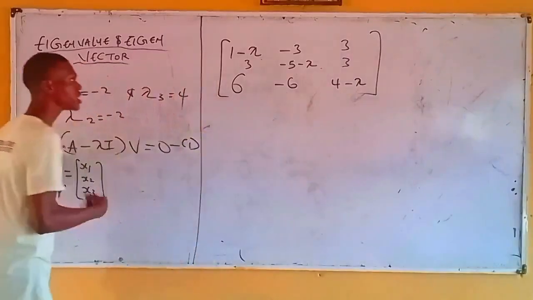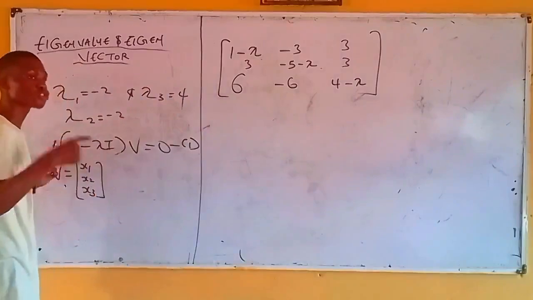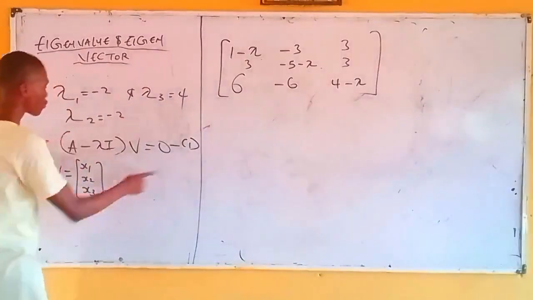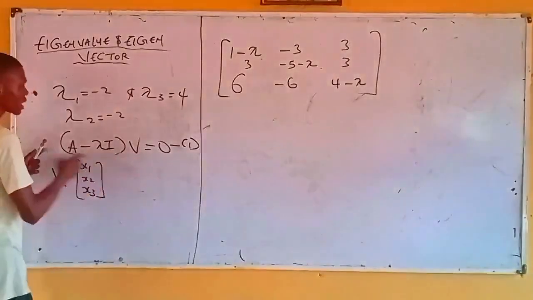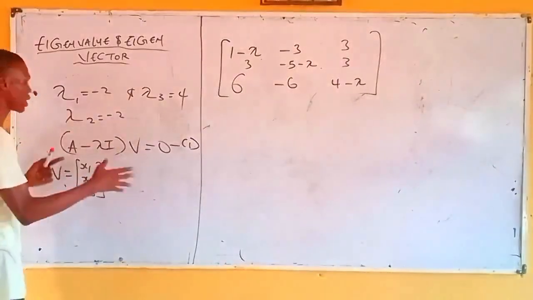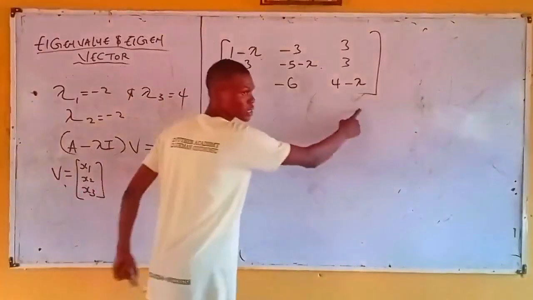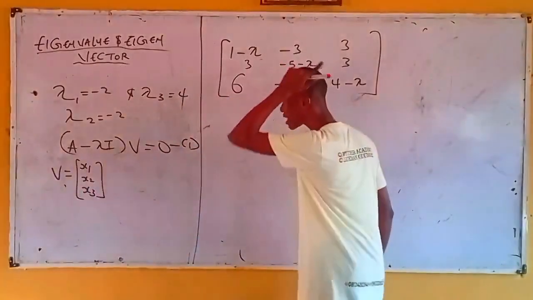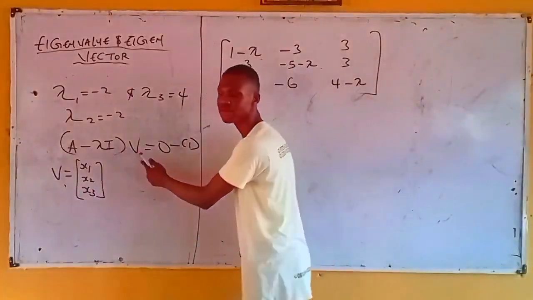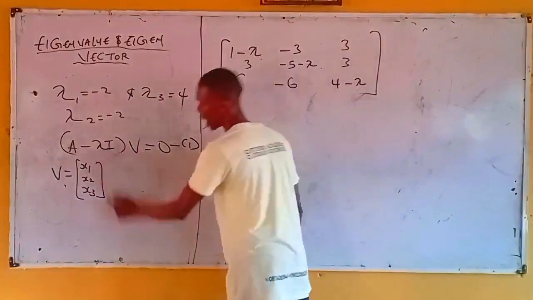This guy, this is it here. We said we are using equation 1, this same equation 1, to get the eigenvector. So from equation 1, I'm replicating each parameter. Then we've represented our V, the eigenvector we are interested in, as x1, x2, x3.